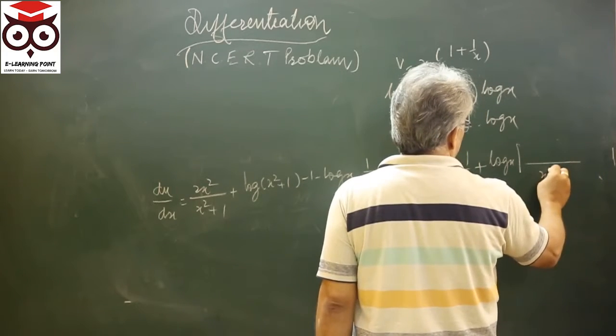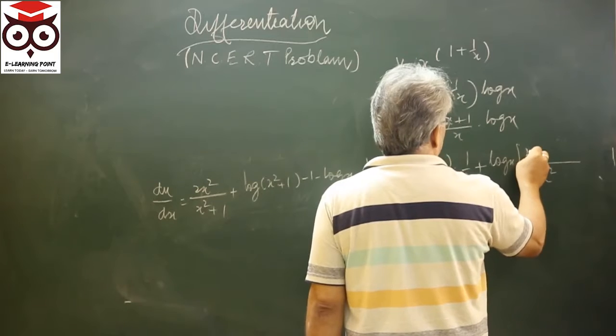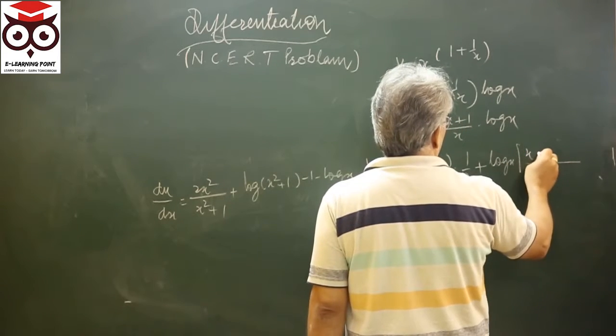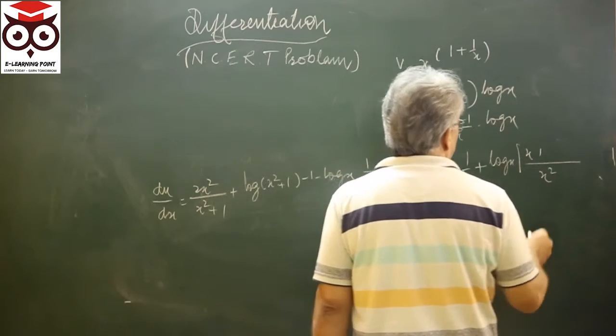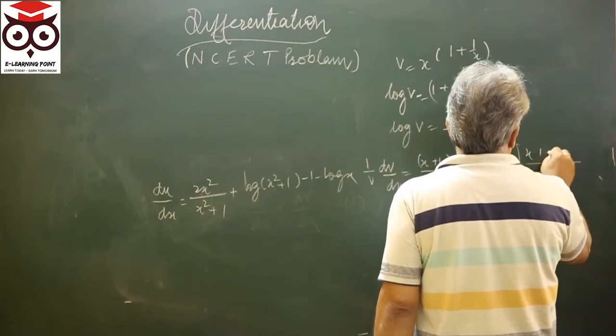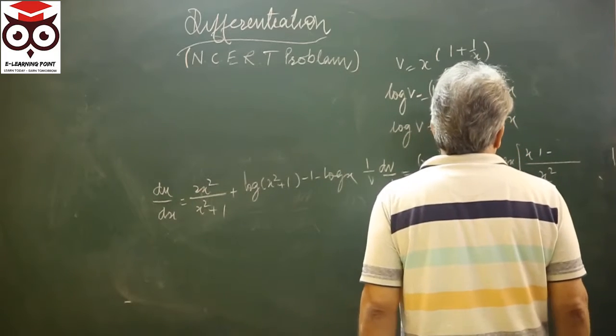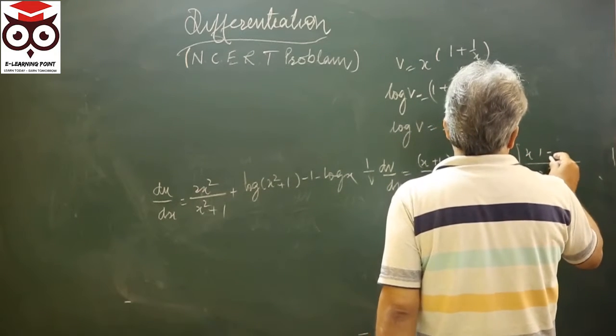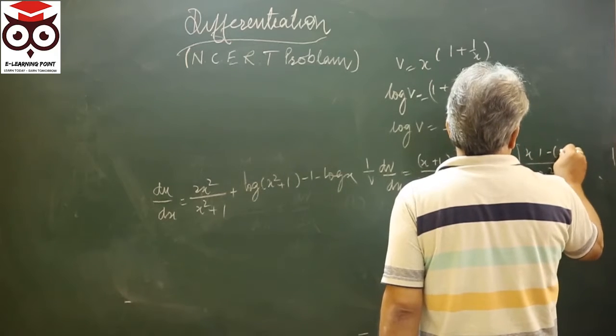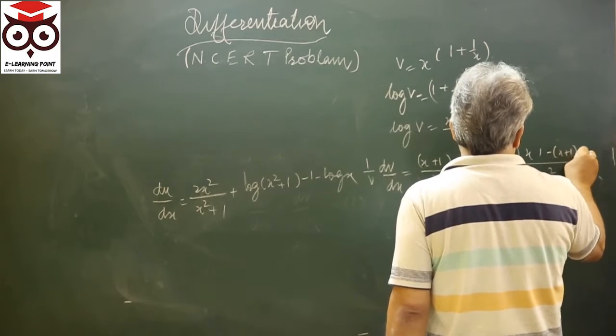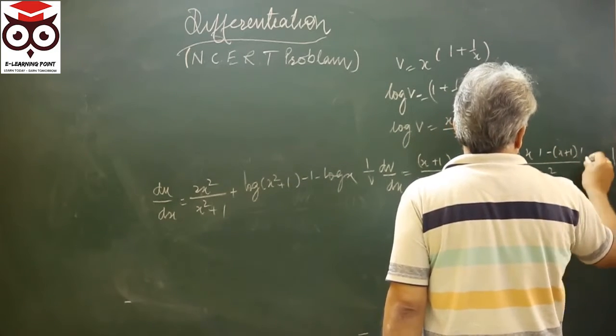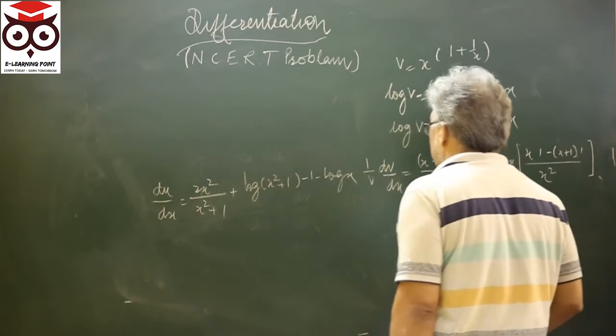You will use here x square, x as it is, x को differentiate करेंगे 1 आ जाएगा. Then you will put a minus sign, right? Then you will write down x plus 1 into 1. So this is your differentiation.